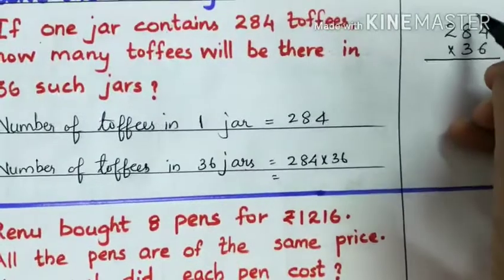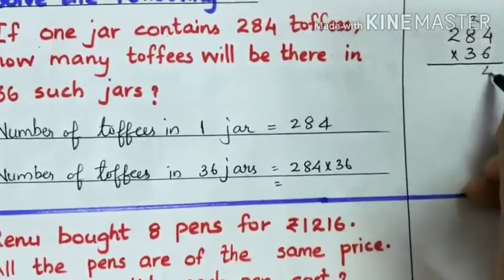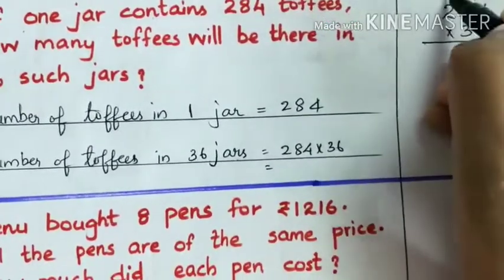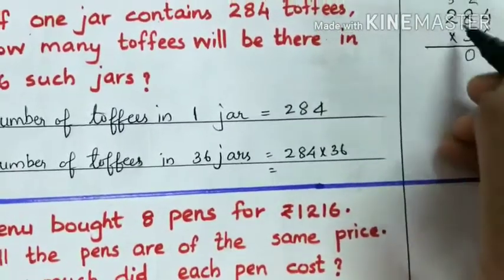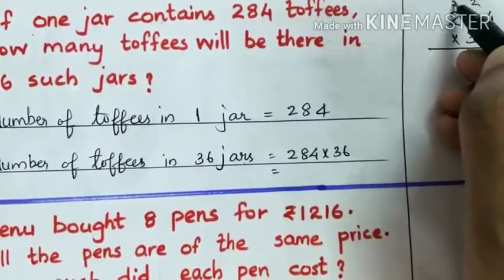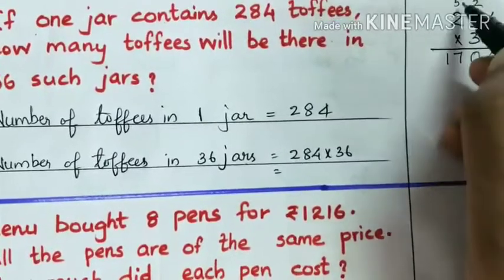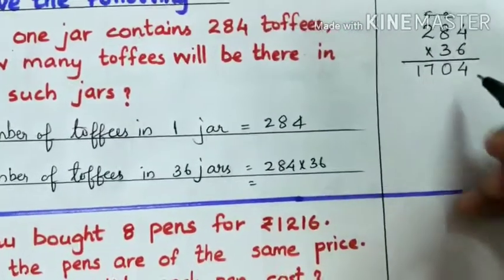4 into 6, 24. 8 into 6, 48 plus 2, 50. 2 into 6, 12. 12 plus 5, 17. Strike the digits.